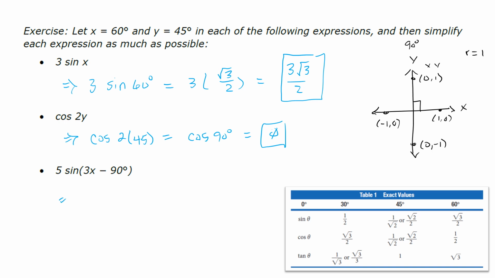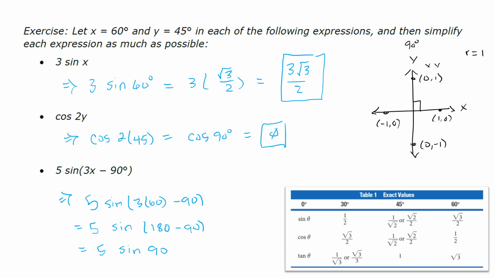Next, 5 times the sine of 3x minus 90, and x is 60. So that would be 5 times the sine of 180 degrees minus 90. So 5 sine of 90 degrees.